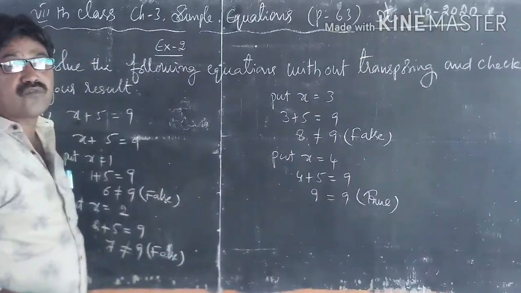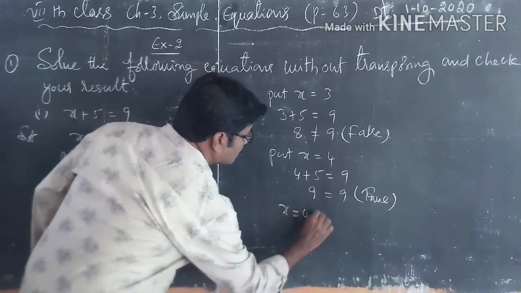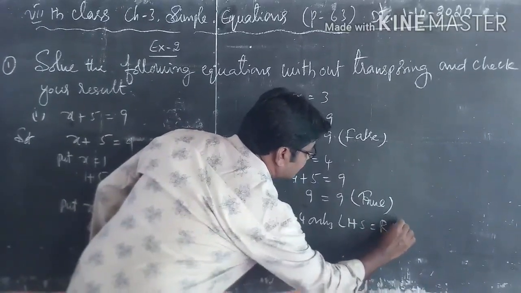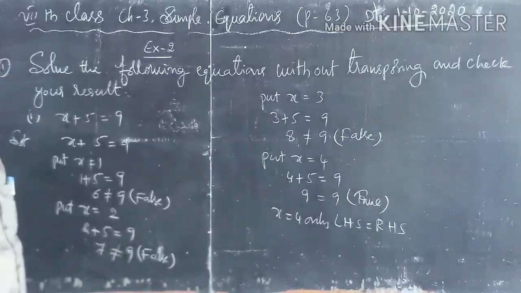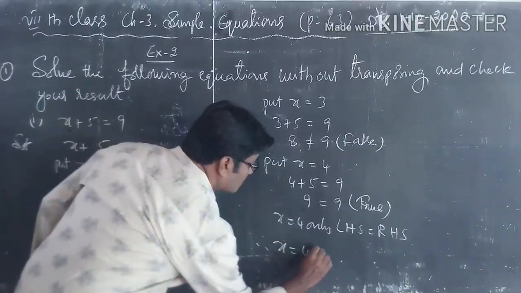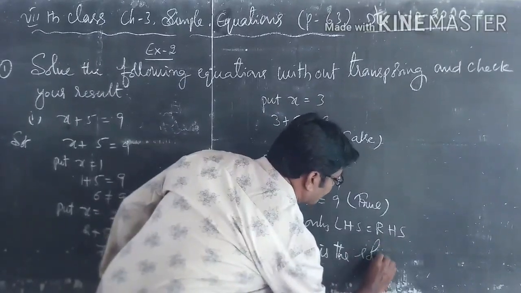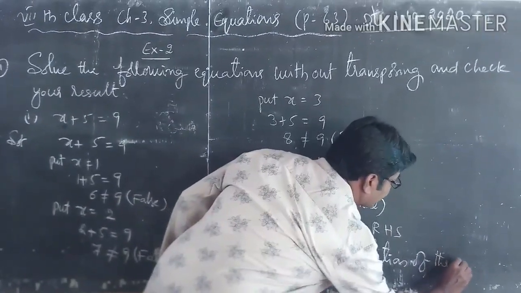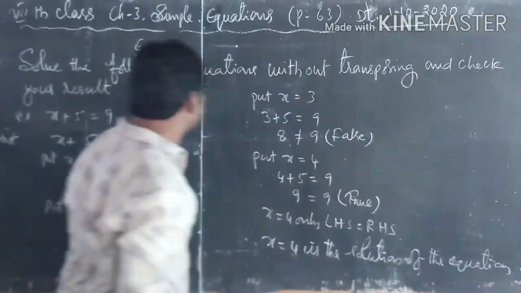So x is equal to 4 only, LHS is equal to RHS. This is the solution of the equation. Therefore, x is equal to 4 is the solution of the equation.